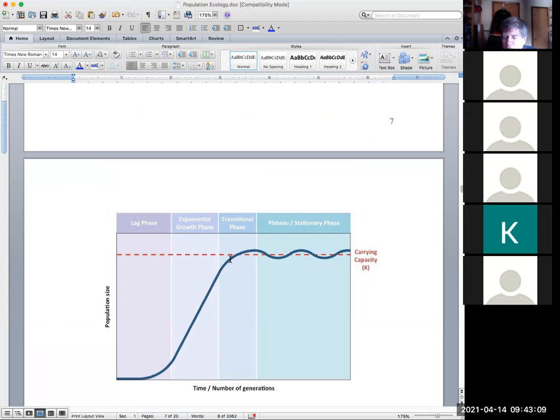In a population growth curve like this, the population goes slightly above the carrying capacity, then it dips slightly below, then a little bit above, then a little bit below. Now notice this is the exact same type of graph that we would see in your house if we looked at the graph of the temperature, say in the winter when you had the heat turned on, but also in the summer when you had the air conditioning turned on.